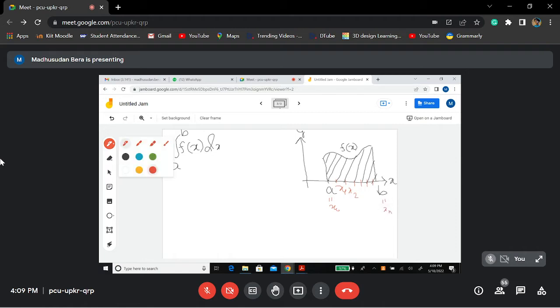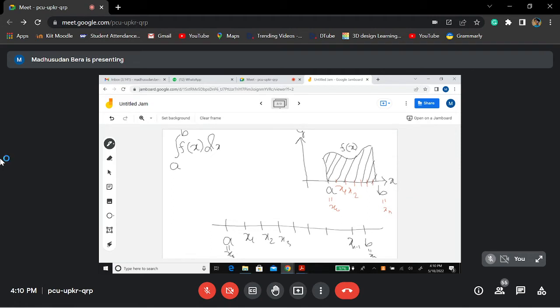Basically, suppose this is our interval A to B. We will divide it into n equal subintervals by the points x0, x1, x2, x3 and so on, up to xn minus 1 and xn. Then what is the length of each subinterval?